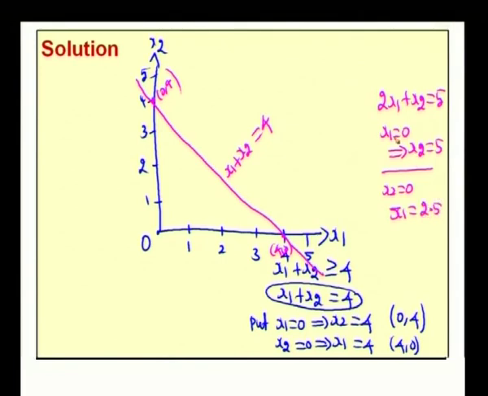Therefore, the coordinates are 0, 5 and 2.5, 0. By joining the points 2.5, 0 and 0, 5, we get the line 2x1 plus x2 equal to 5. This is our point 2.5, 0, and this is the point 0, 5.